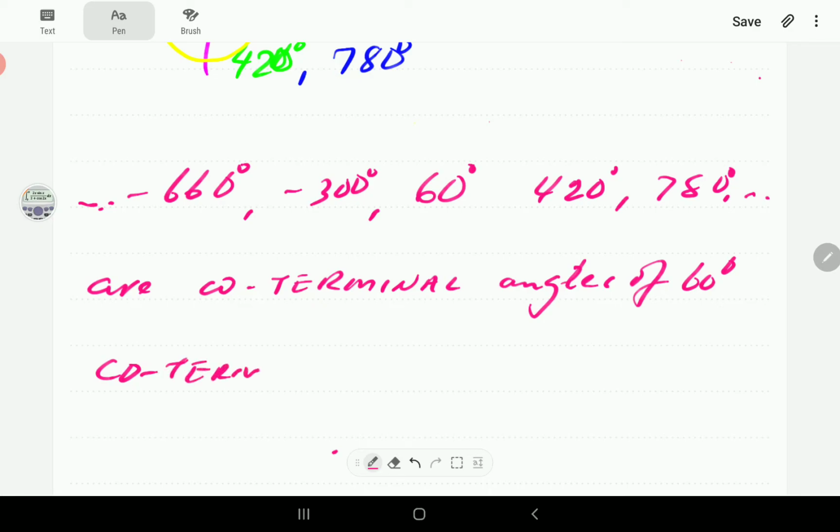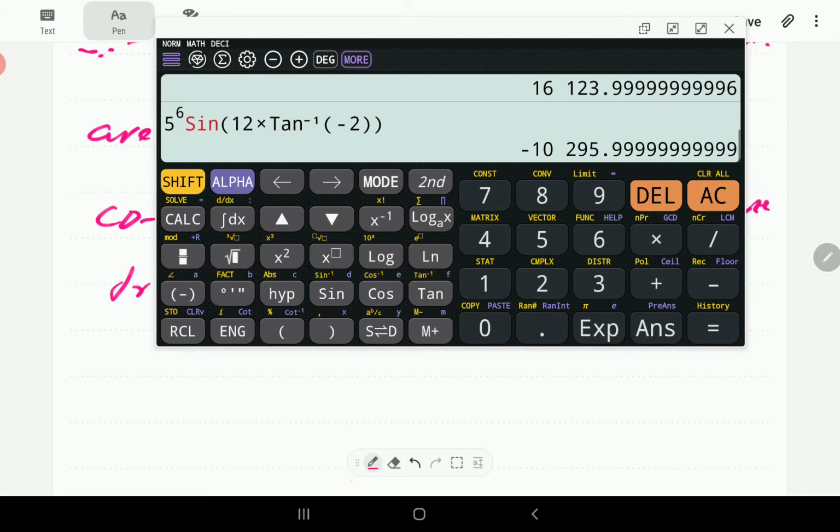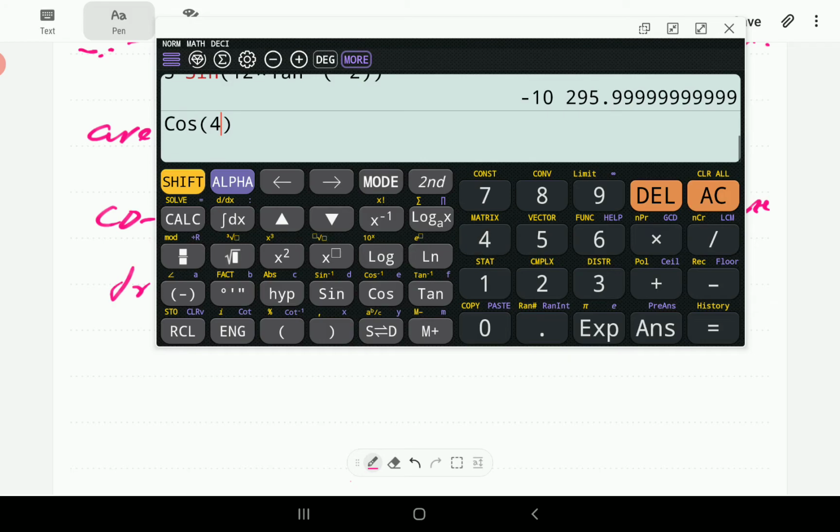Coterminal angles have identical trigonometric ratios. So let's just try out a few of these. So let's try cosine 420, and you can see it's 1/2.